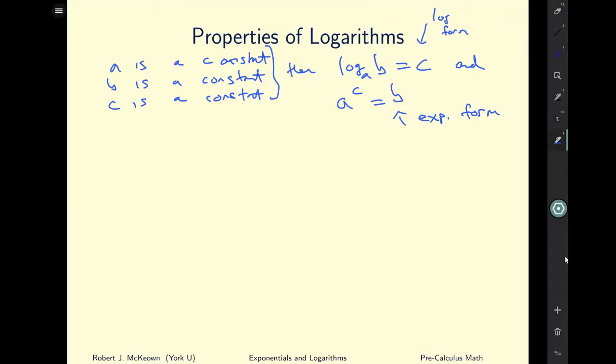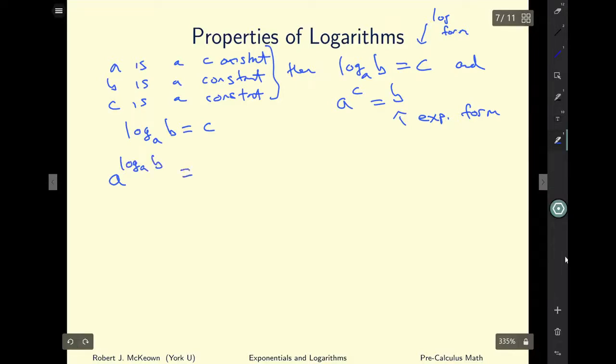Now, I can also show you that if we have log base A, B equal to C, and if I take A to the exponent log base A, B equal A to the exponent C, then these two, the log and its base A, cancel each other out, and we get B is equal to A^C.